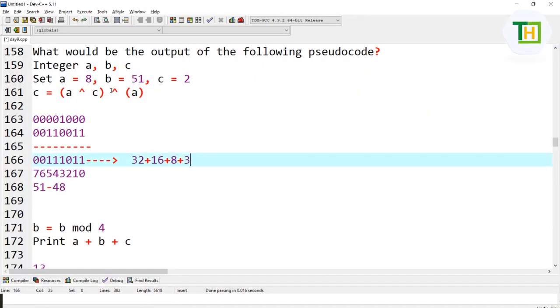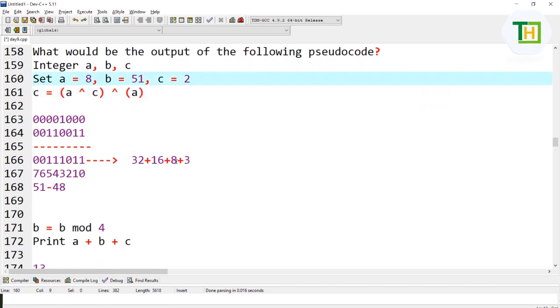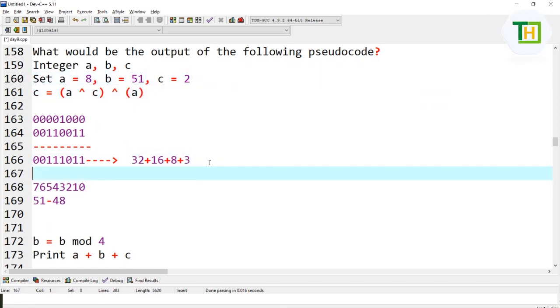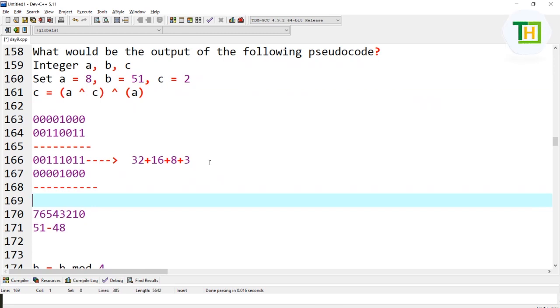Then I have to again XOR with A. What is A value? A value is 8 only. And again I have to write it as 8 bits: 0, 0, 0, 0, 1, 0, 0, 0. And again I have to apply bitwise XOR gate, 0 0 1 1 0 0 1 1.